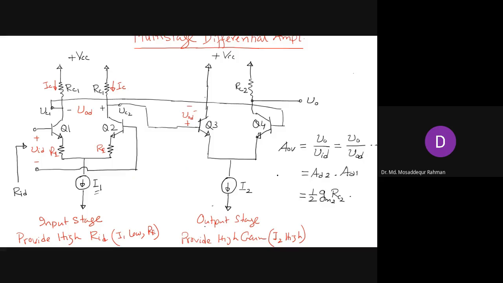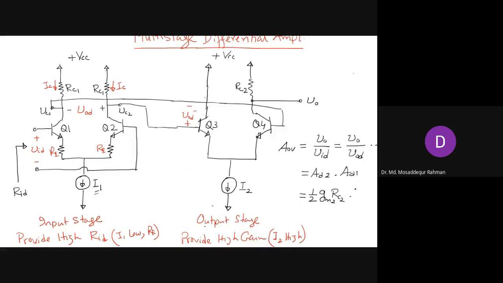And for the first stage, the AD1, the differential gain, we are taking the output differentially, not from a single node. And we also have a resistance in the emitter. So the gain will be the resistance in the collector divided by the resistance in the emitter. So that formula will follow.